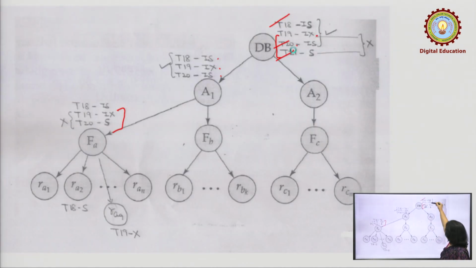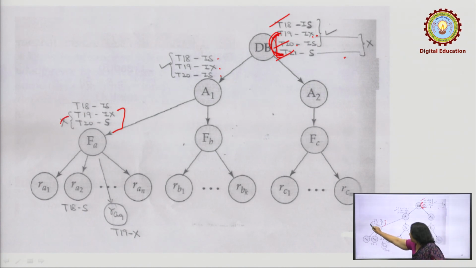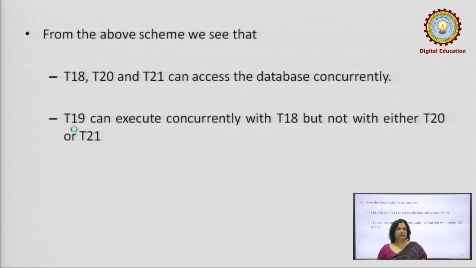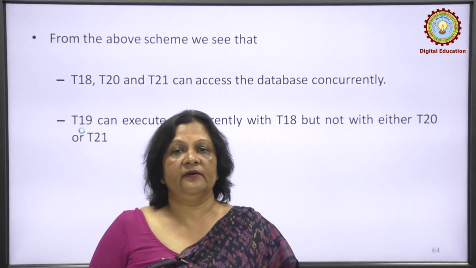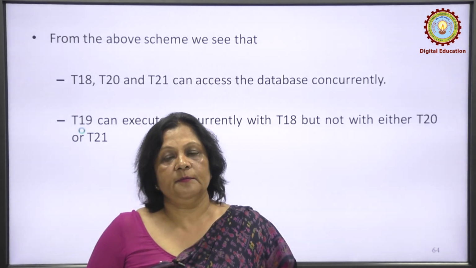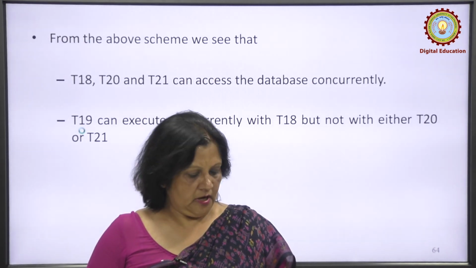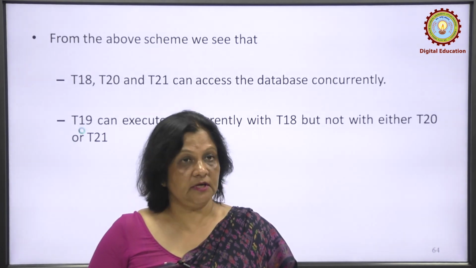So, T19 cannot execute concurrently with T21, and it cannot execute concurrently with T20. So, these are the conclusions that we have if we apply the multiple granularity protocol to the hierarchy that was given.